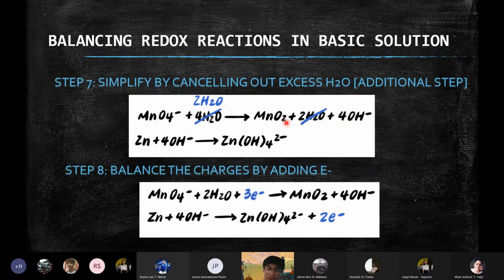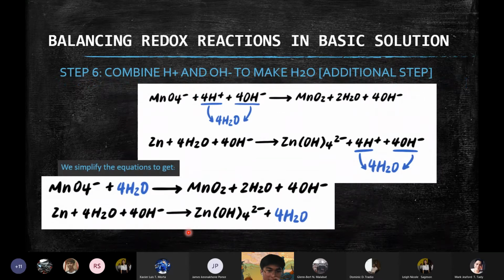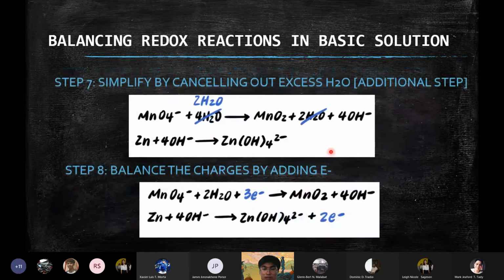Doing the operation, it yields 2 molecules of H2O. Also, we have 4H2O here and 4H2O here, so they cancel out because 4 minus 4 is 0. After implementing the additional 3 steps, we continue with balancing.